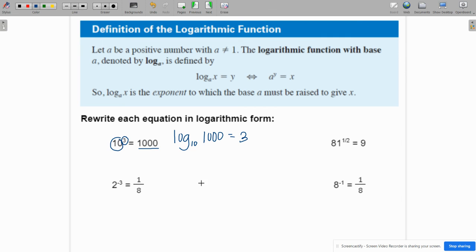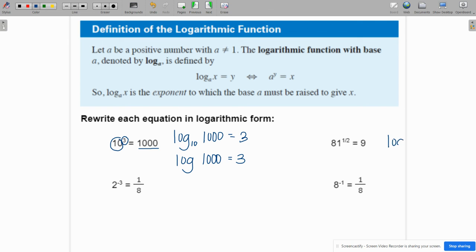So log base 10 of 1,000 equals 3. Just as a side note, if you have a base 10, you can write this as log 1,000 equals 3. If the base is not written, it's implied that it is 10. So you could write this either way.